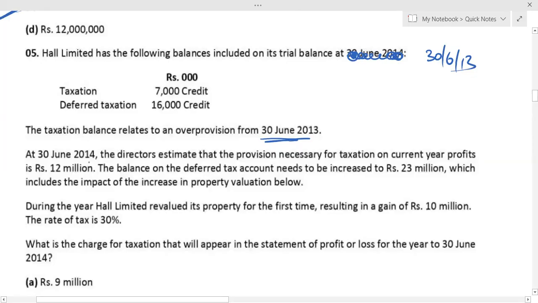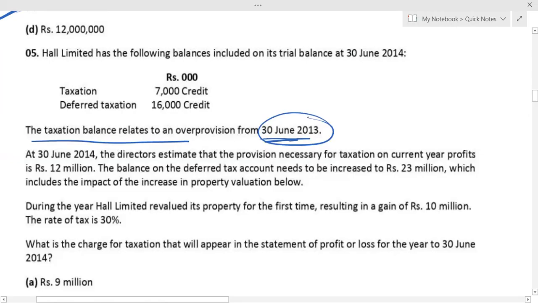At 30th June 2014, the directors estimate the provision necessary for taxation on the current year. The examiner has clarified here the taxation balance relates to an over provision from 2013.